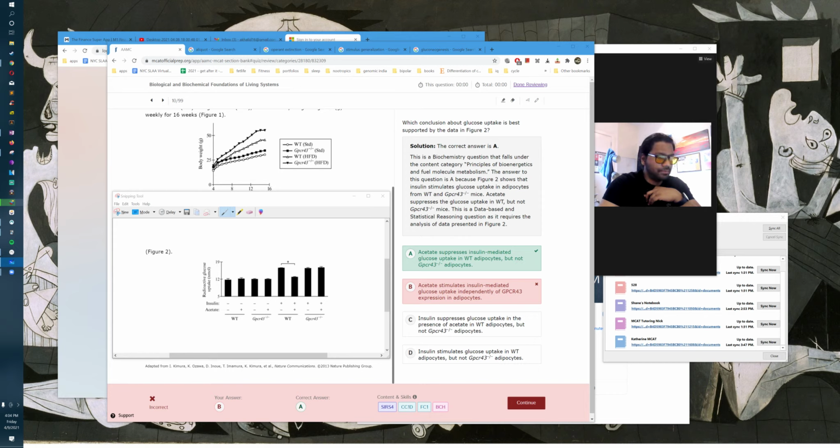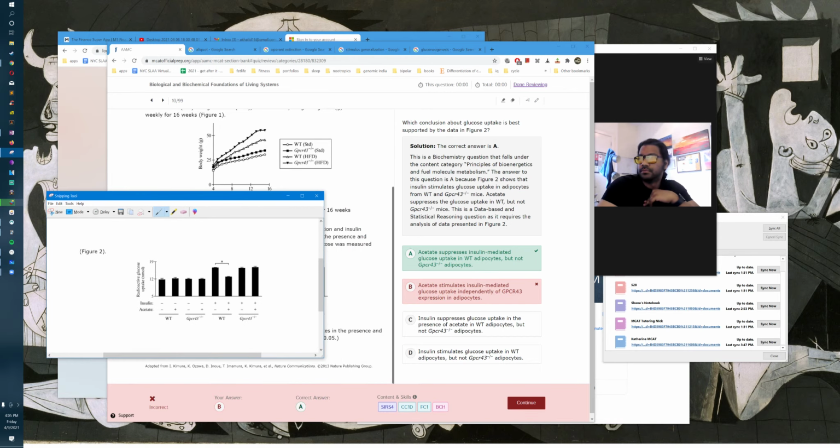It's absolutely true what you're saying. I just started comparing across the whole thing, and I saw that acetate was present in the first two groups, but insulin was not. But that didn't change anything, because these are pretty much equal. Oh, okay, I actually know why.